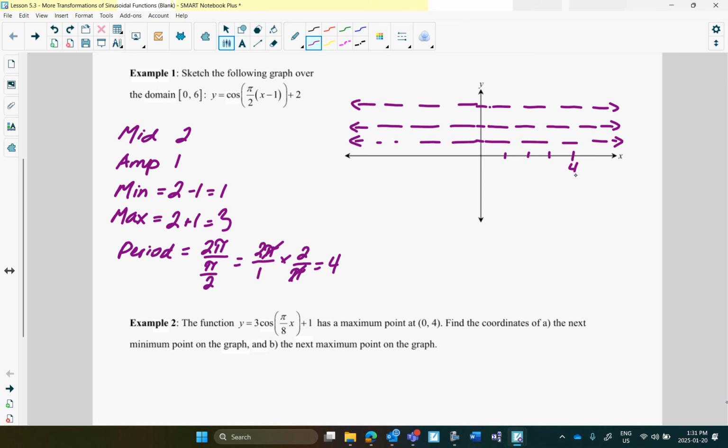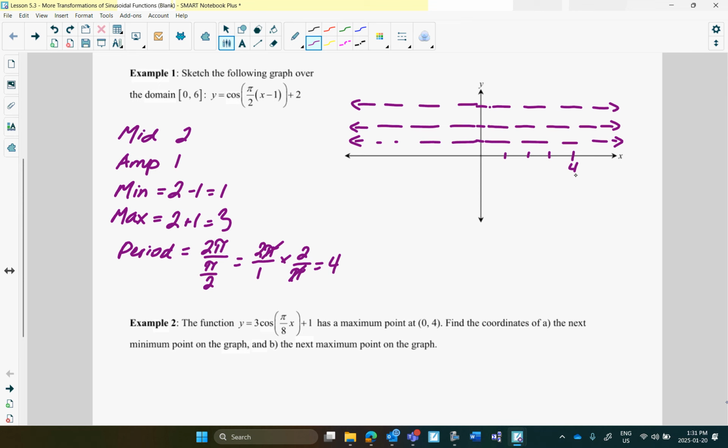So this is 4. Which means the other notches are pretty easy to figure out in this one. This would be 2, this would be 1, so this would be 3.